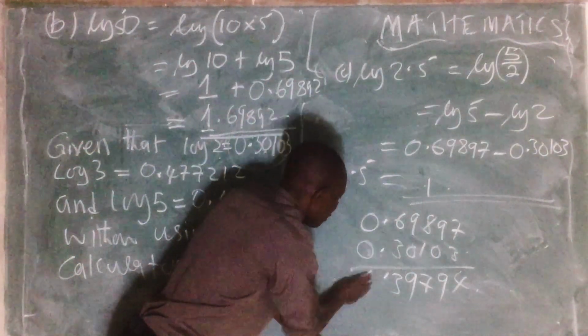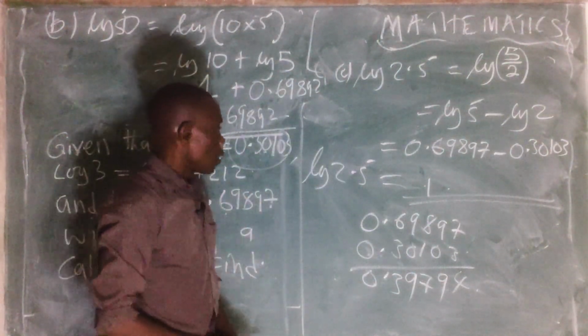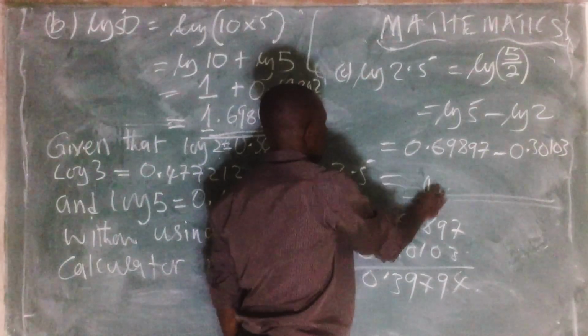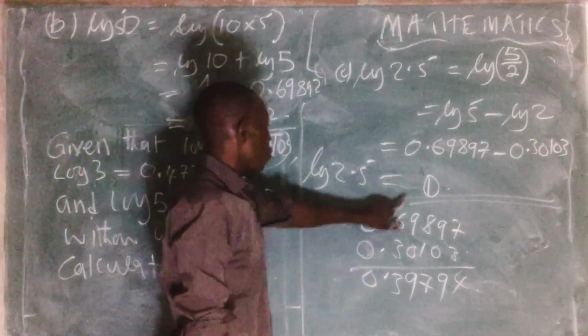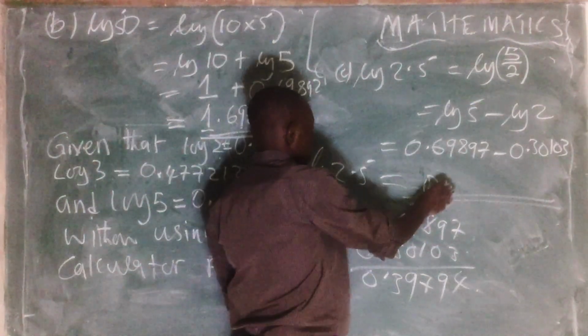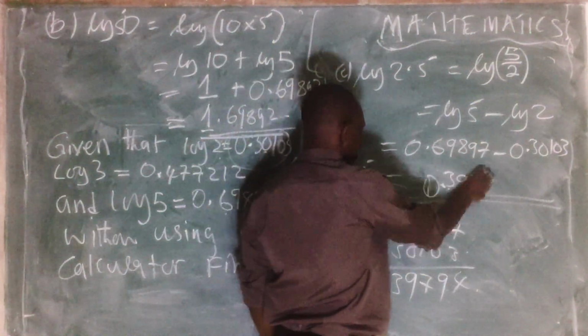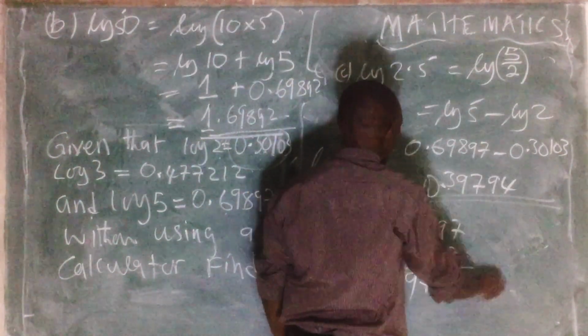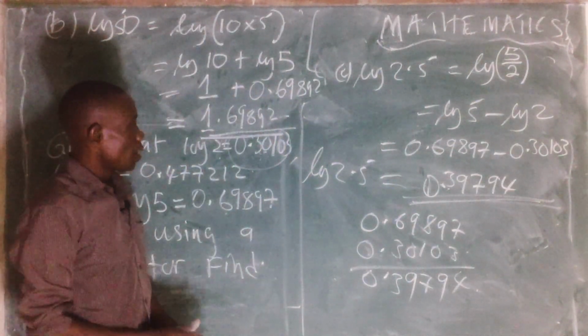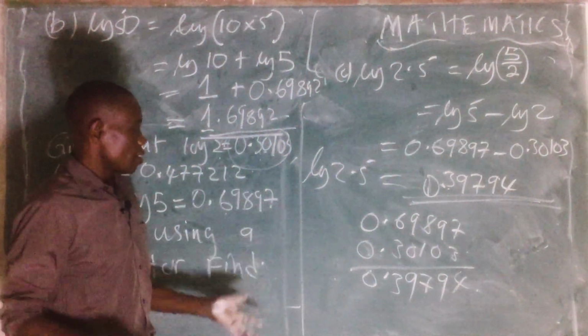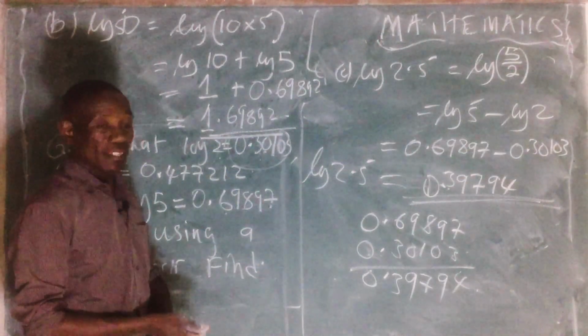That's a 3, and then here we have a 0. So for this one, we have 0.39794 as the logarithm of 2.5. So you can see, it's just simple, as long as you understand the laws.